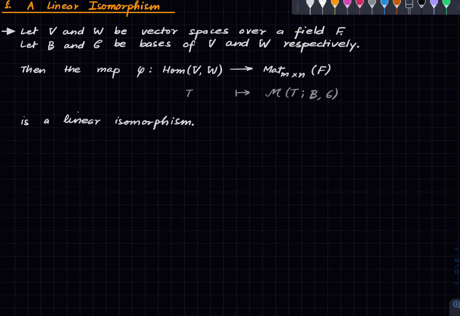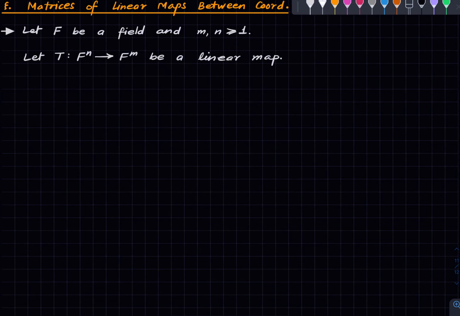And lastly, one more definition. Suppose F is a field and we have a linear map from these two coordinate spaces. M and N are positive integers, so we have a linear map from F to the N to F to the M. Then, since here we have a natural choice of bases, the standard bases basically, we may directly say the matrix of T is, when we write this, we mean the matrix of T with respect to the standard basis of the first space and the standard basis of the second space.